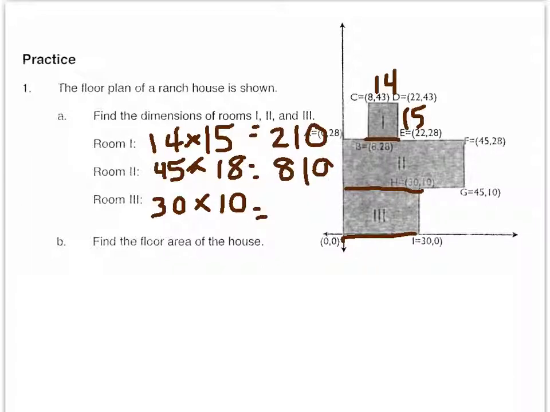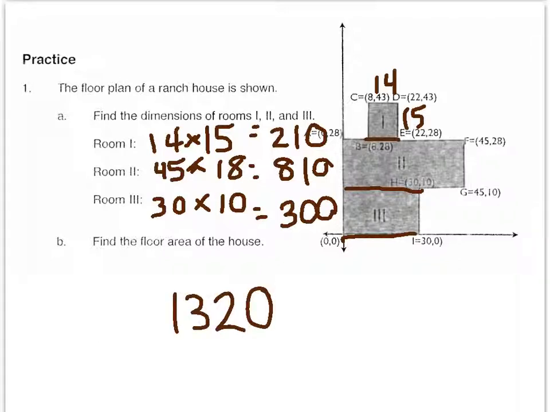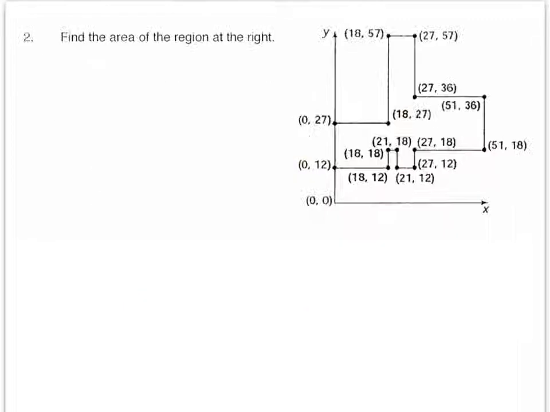And 30 times 10 is 300. So to find the floor area of the house, we add those three numbers up, 810, 210, and 300, and we get a total area of 1,320 square feet.